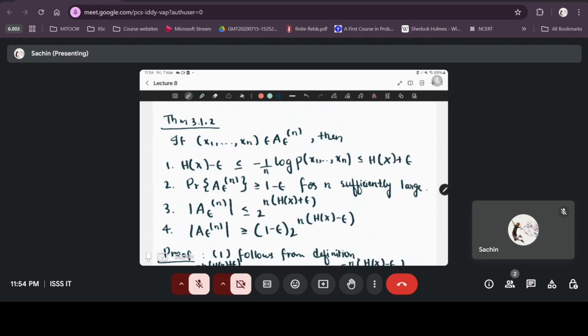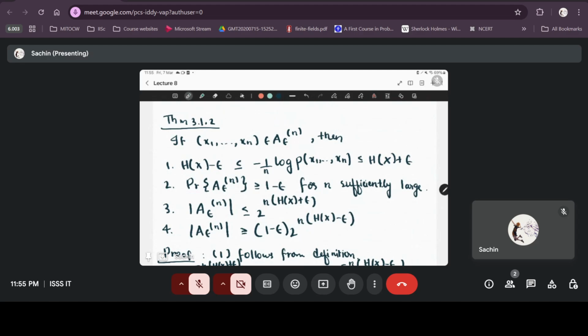If you take a sequence in the typical set, then its sample entropy will be within a small epsilon difference of the true entropy H of X. The probability of the typical set is almost equal to 1, so it's greater than or equal to 1 minus epsilon, which means that it is a high probability set.